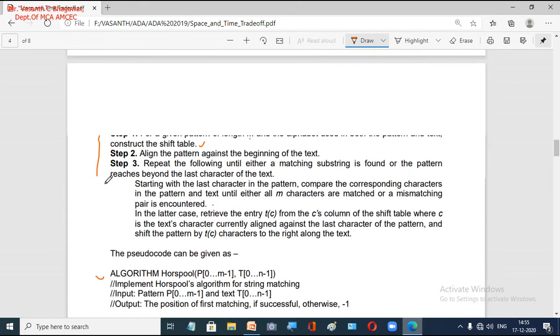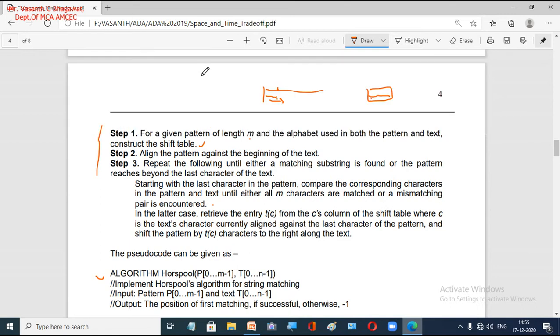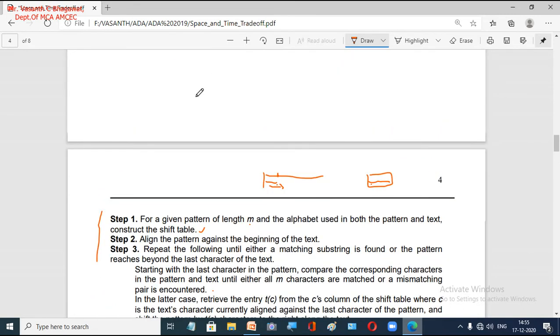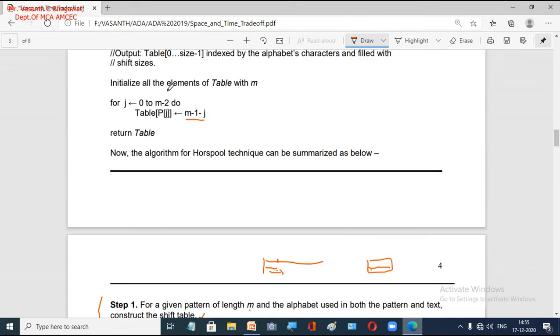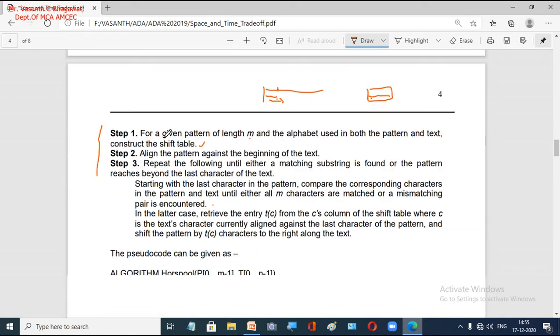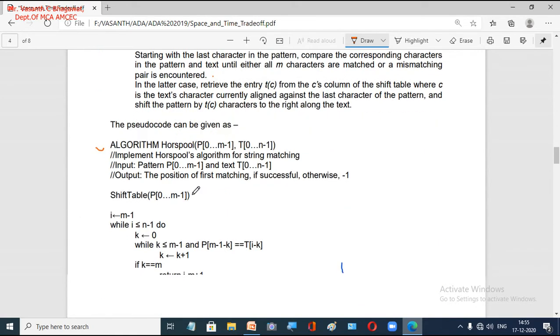Now the previous small for loop was used to build our shift table, right? This was the for loop which we used to build a shift table. So this is another small function that we are writing, but the main algorithm is Horspool's algorithm, right? Now what is given to us? We are given a pattern of size m and a text of size n.